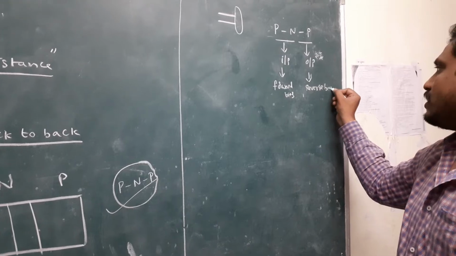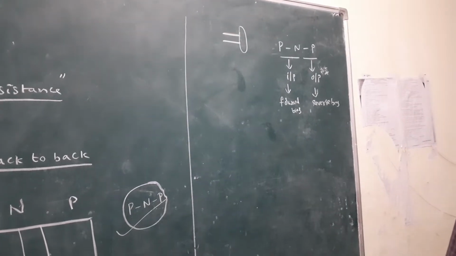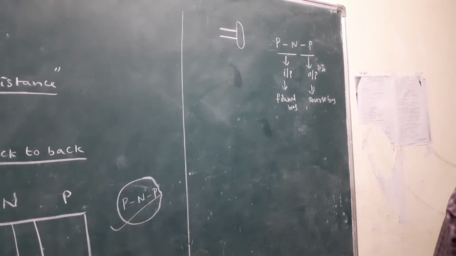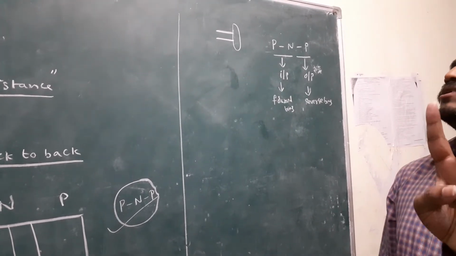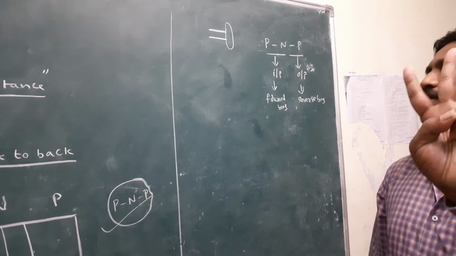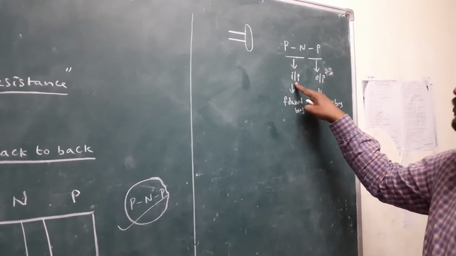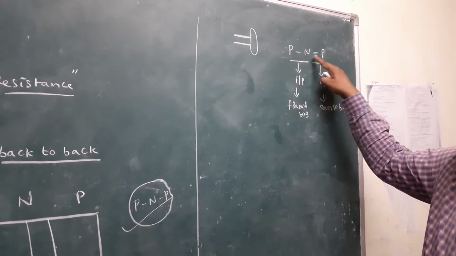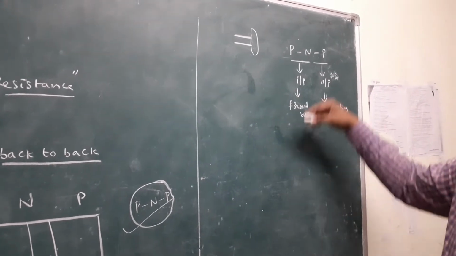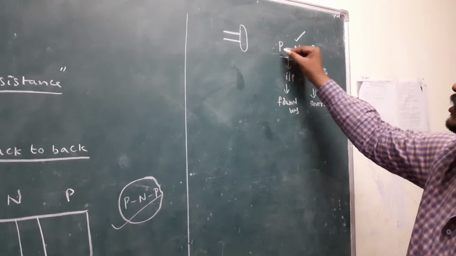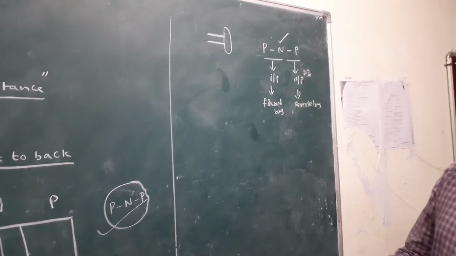Once again I repeat, in electricity, input is taken from two terminals and output from two terminals. But here three terminals are there. So that's why the first two are connected as input, the next two as output. That means one terminal is common for input and output.